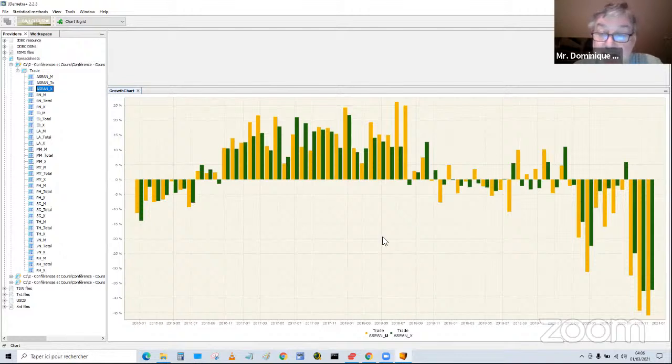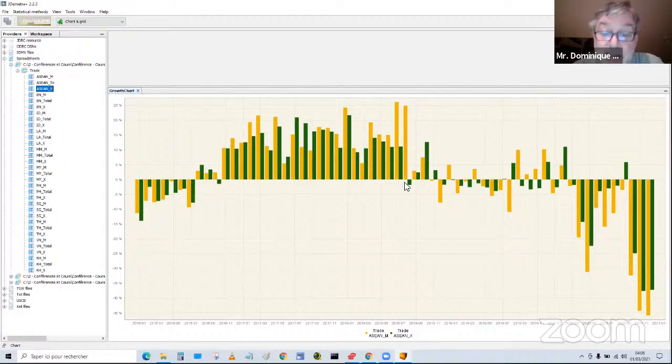So you see that you had a good period, if I can say so, between 2016 and 2018, two nice years with a lot of exports and a lot of imports. I remind you that the exports are in green and the imports are in orange, okay?